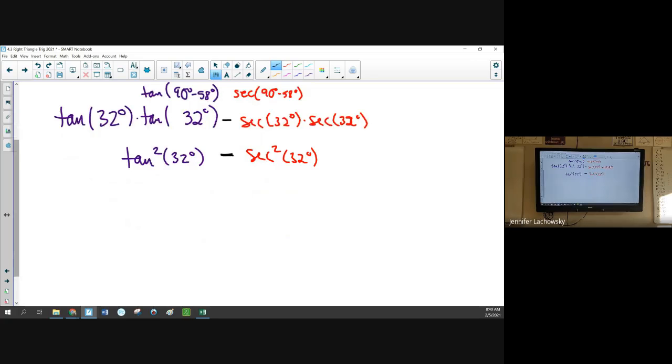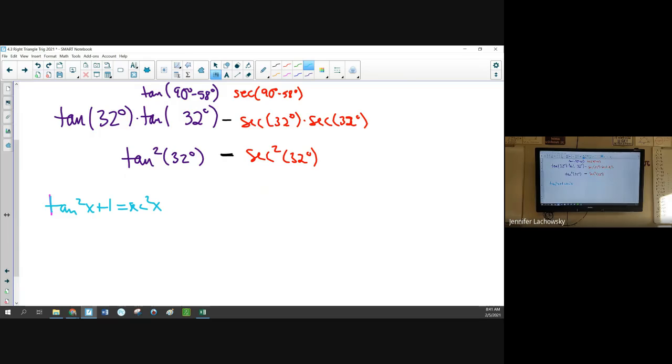Without a calculator. Where have you seen a trig function squared? The Pythagorean identity. What is it? Tan squared plus what? Okay, so write down tangent squared out to the side. Tangent squared plus 1 equals secant squared.